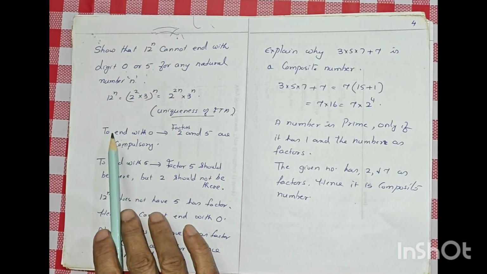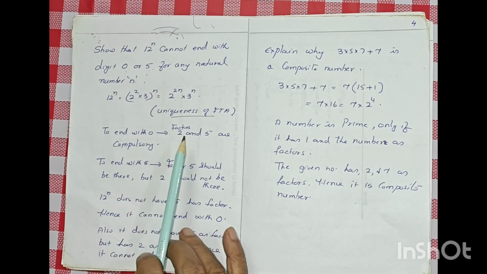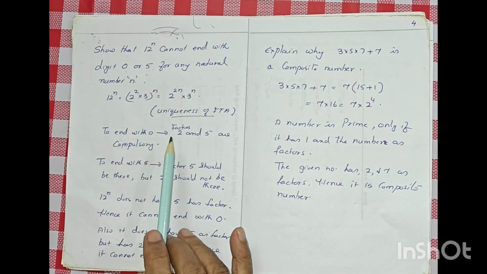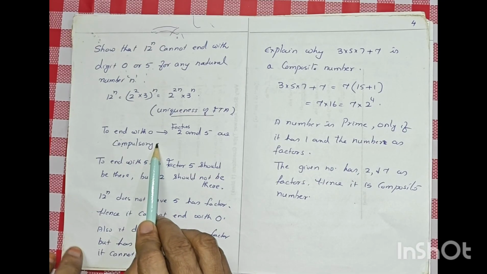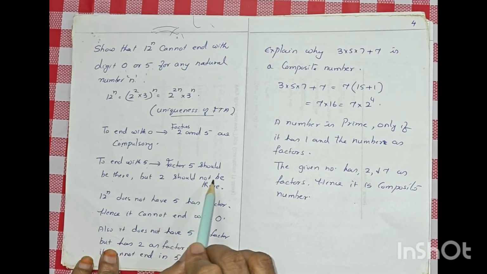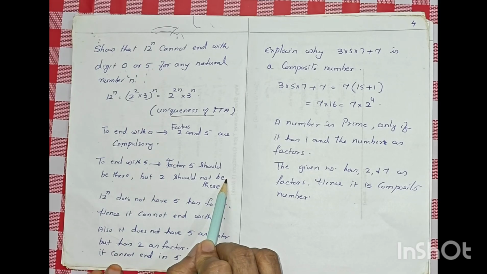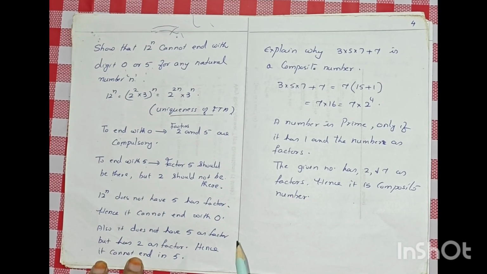Now for the number to end with 0, you should have 2 and 5 as factors, which we saw in the previous problem. So 2 and 5 are compulsory. For a number to end with 5, factor 5 should be there, but 2 should not be there, because if 2 and 5 are there, then it will end in 0.